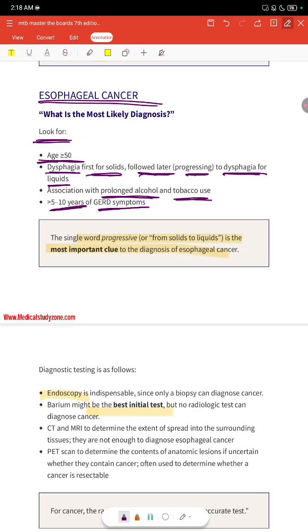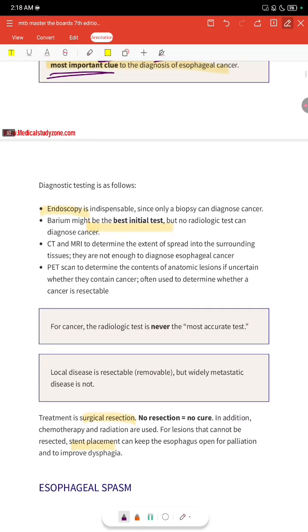The single word, note it down, progressive, or from solids to liquids, is the most important clue to the diagnosis of esophageal cancer. Remember that.